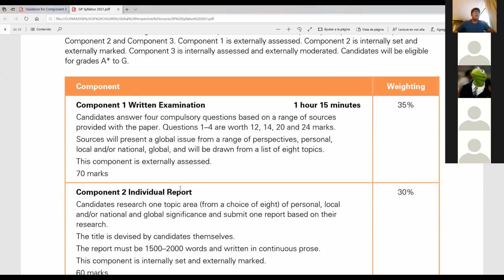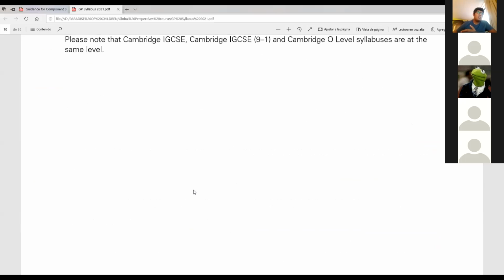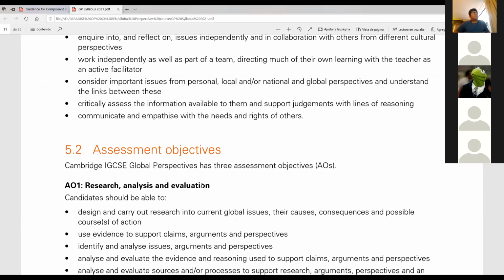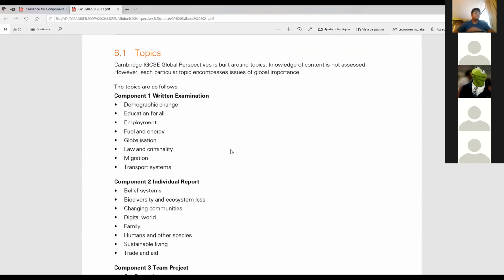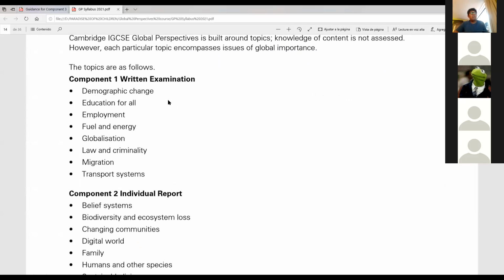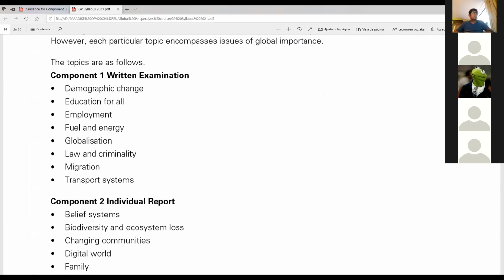Another way to prepare for this test is to watch the topics of each component and read something about it. In the test, there might be one paragraph of demographic change, one paragraph of globalization, and one of migration. And if you don't know anything about any of those, you're going to struggle with the test.